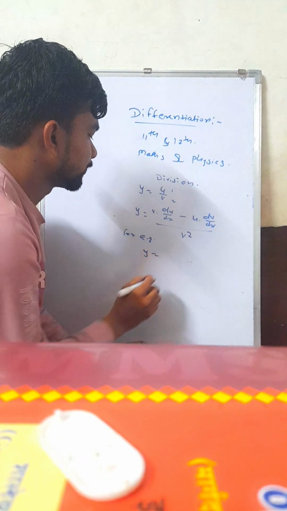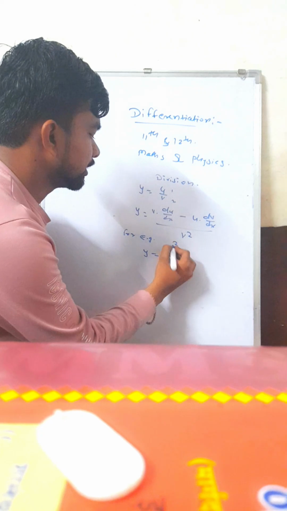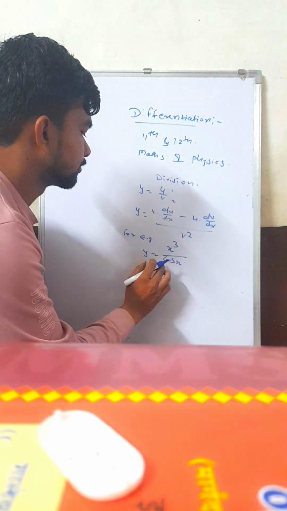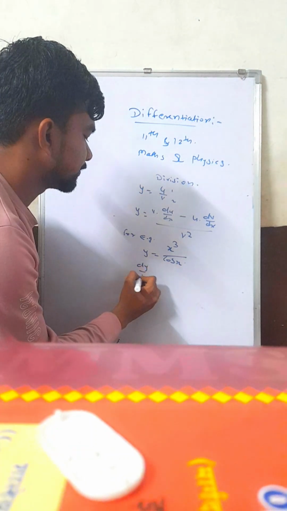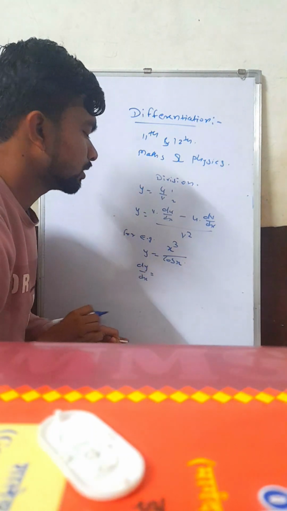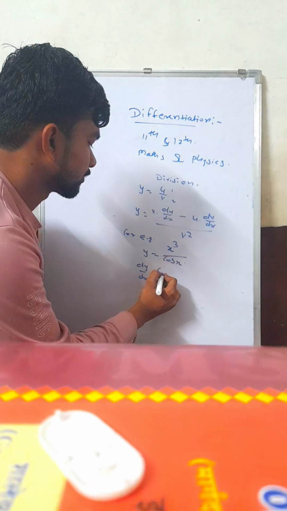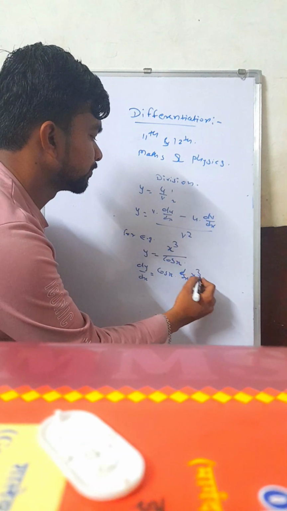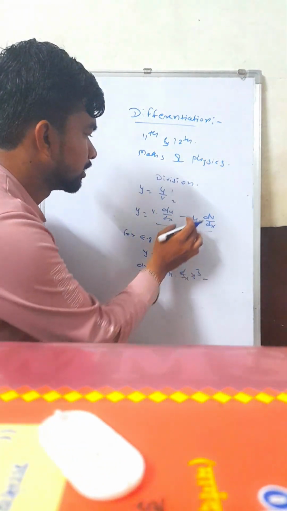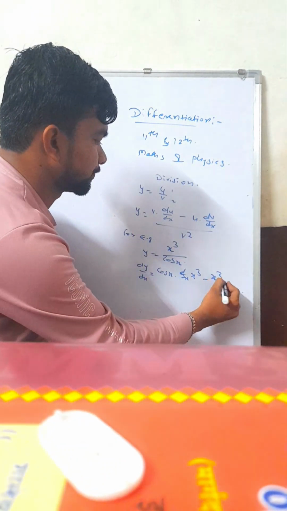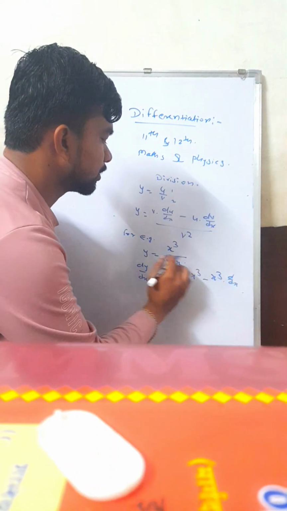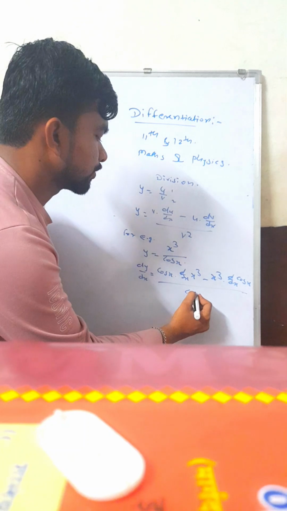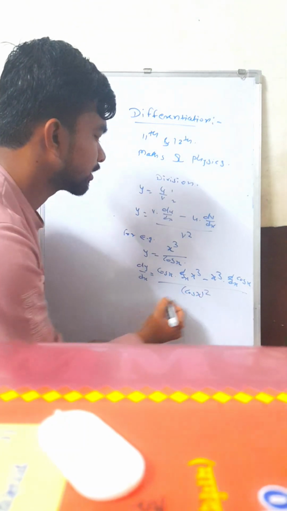Now for this, suppose an example: y is equal to x raised to 3 upon cos x. Then apply the division rule, dy by dx, differentiating with respect to x. For this, second cos x into derivative of x cube, d by dx of x cube, here the middle sign is minus, then u, that is x cube, into d by dx of cos x, upon second square, that is cos x bracket square.